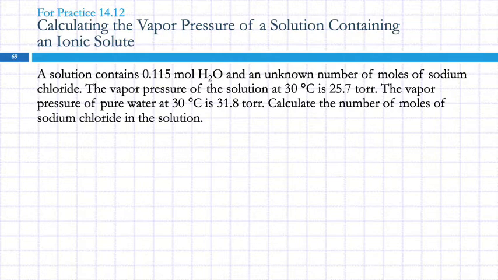A solution contains 0.115 moles H2O and an unknown number of moles of sodium chloride. The vapor pressure of the solution at 30 degrees is 25.7 torr. The vapor pressure of pure water at 30 degrees is 31.8 torr. Calculate the number of moles of sodium chloride in the solution.